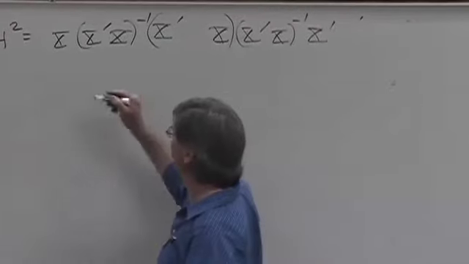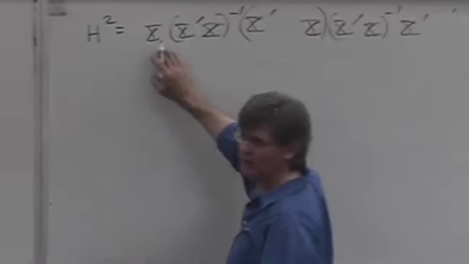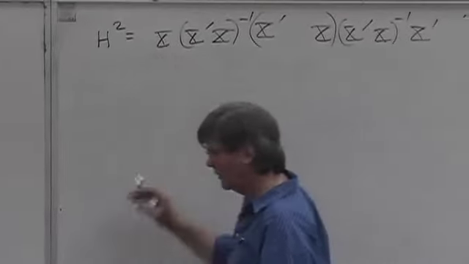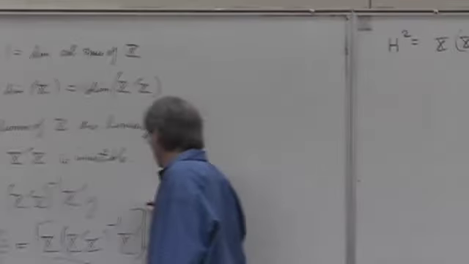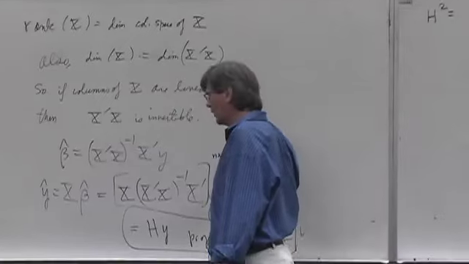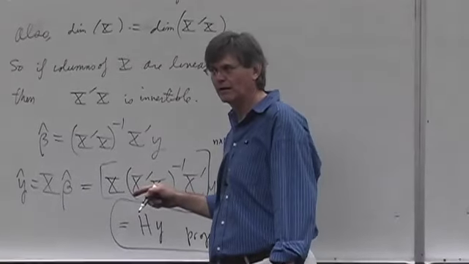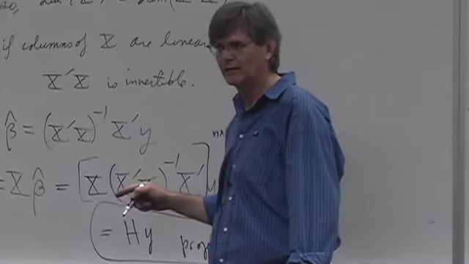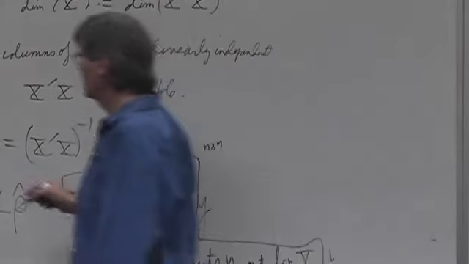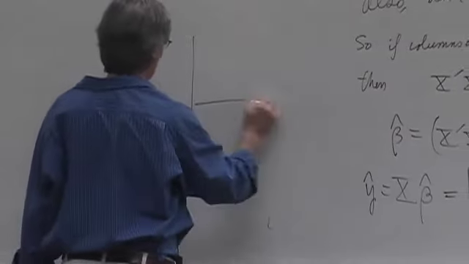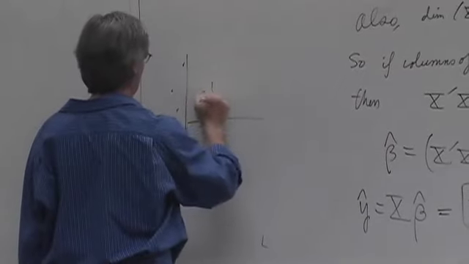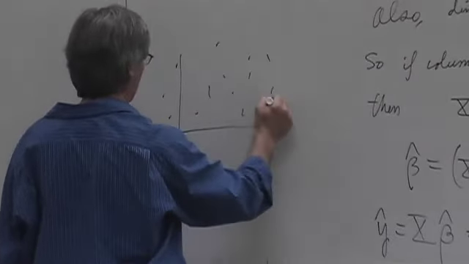All right? This H is an n by n matrix, because I'm taking something in Rn and bringing it back into Rn. Right? So I think what I was saying just after the hour ended last time was that you had the scatter plot of points.